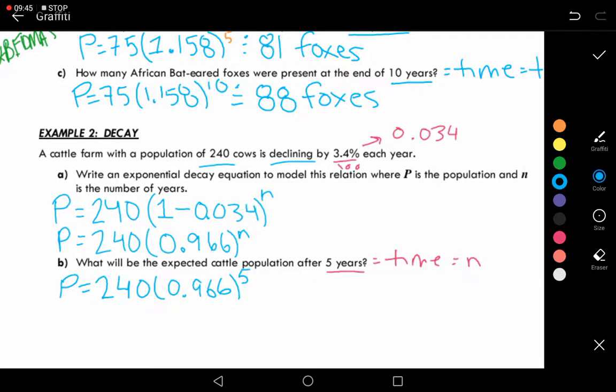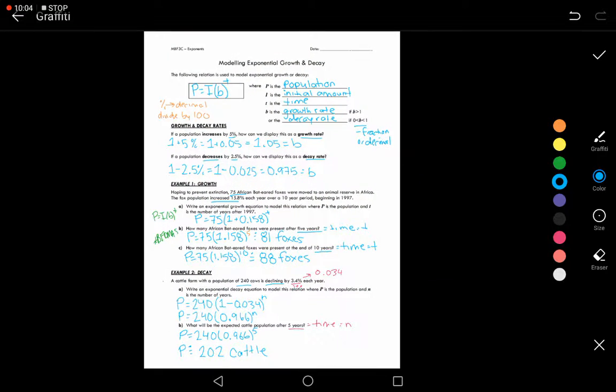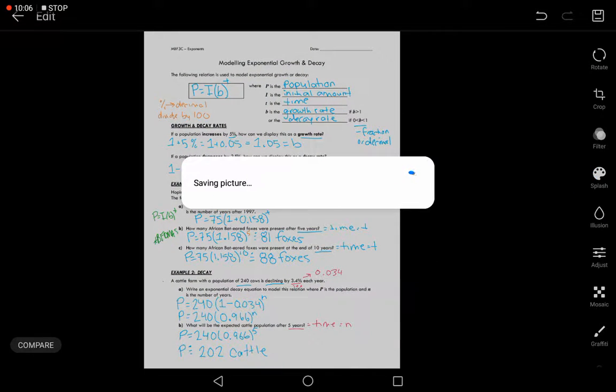Remembering to use BEDMAS, doing 0.966 to the power of 5 times 240. On your calculator, you will get approximately 202 cattle. Okay, and that is the amount after 5 years. Okay, so this basically focuses on creating those equations.